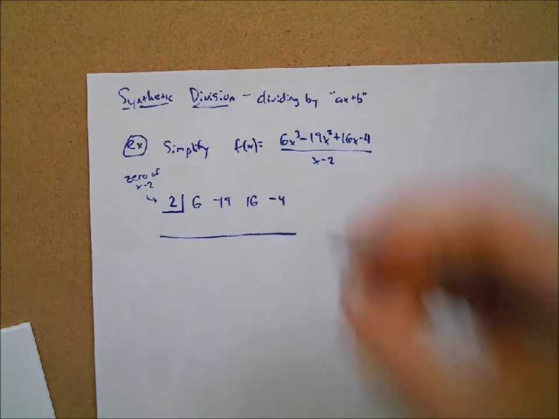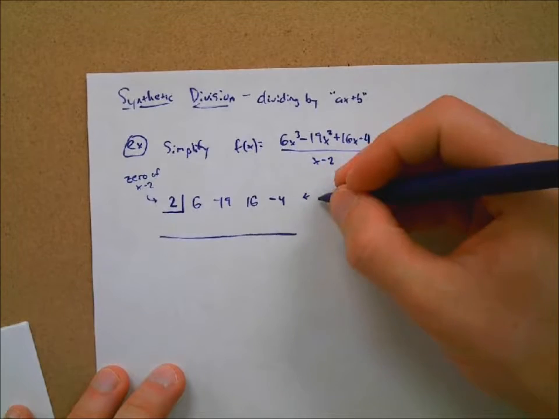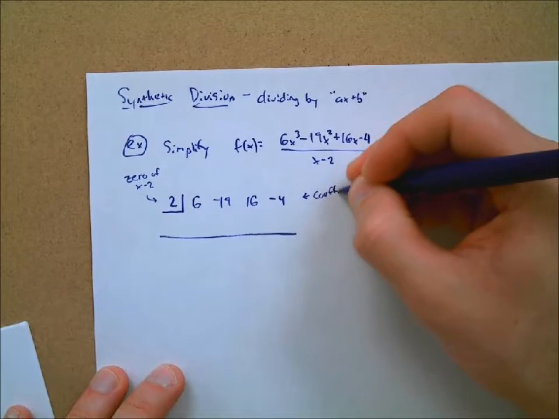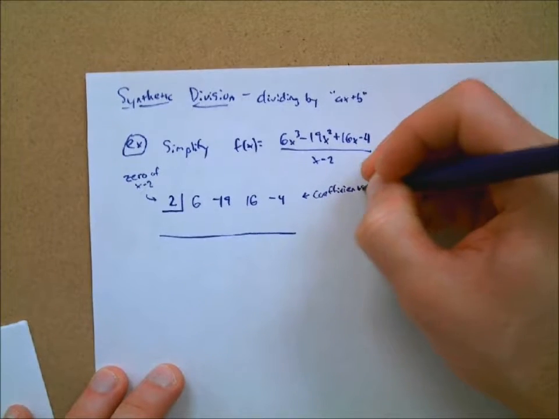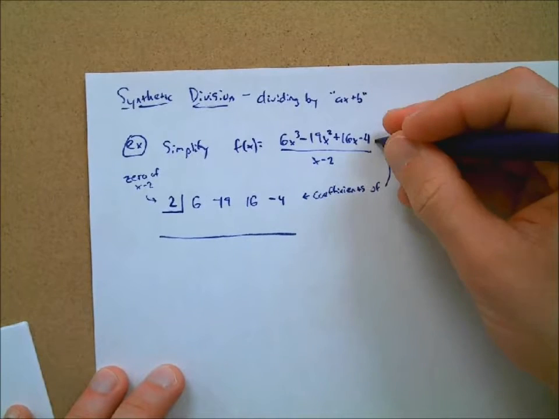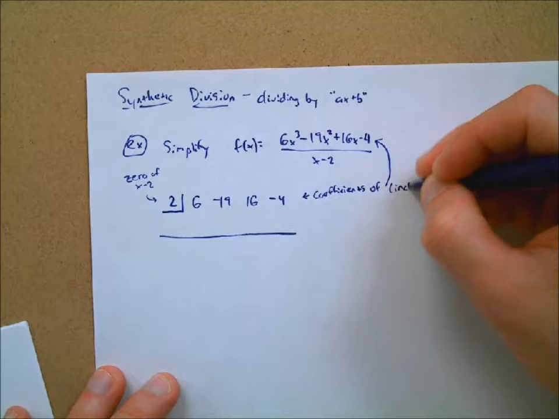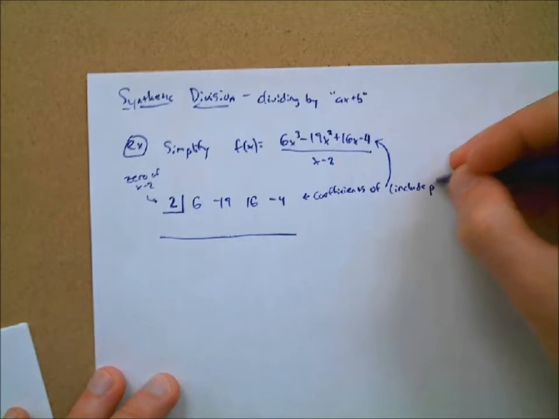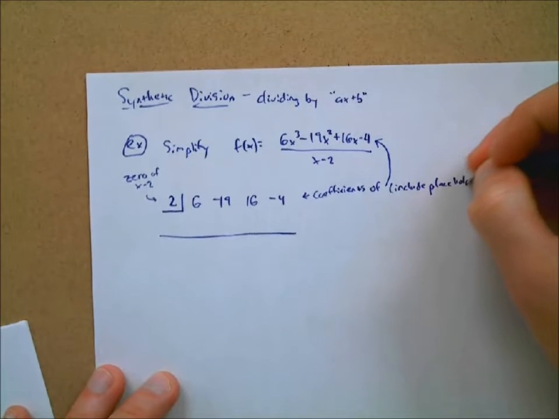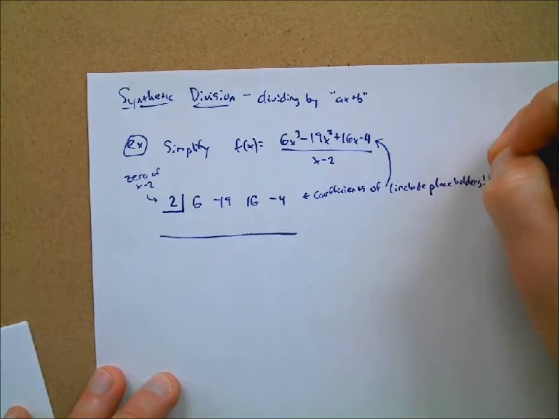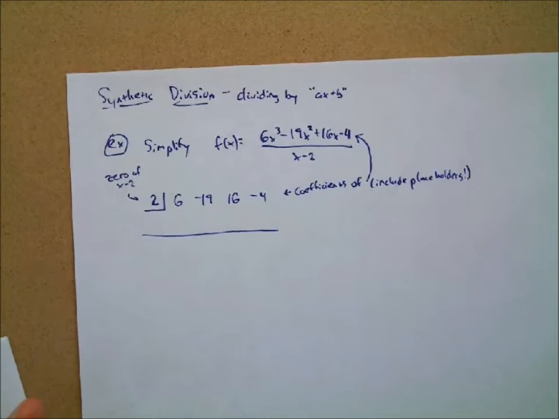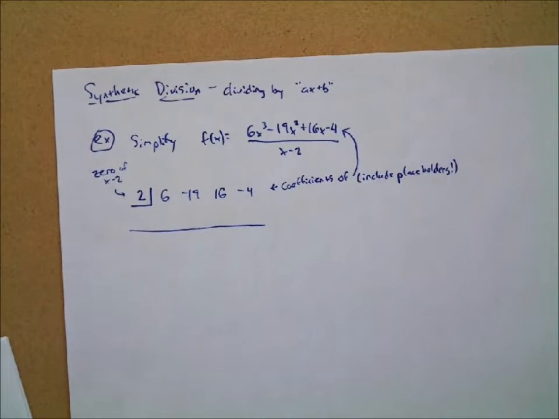So this is the coefficients of this. Include placeholders if necessary. The problem with this is that it's such a fast method, you can write it down so quick that you can really easily gloss over the placeholders.